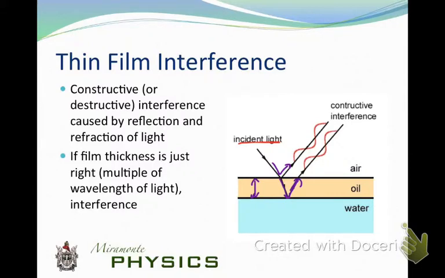Then you're going to get constructive interference, so that red light is going to overlap. If it's just the right thickness, then red is going to appear.